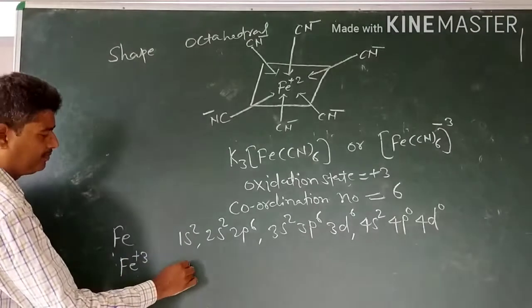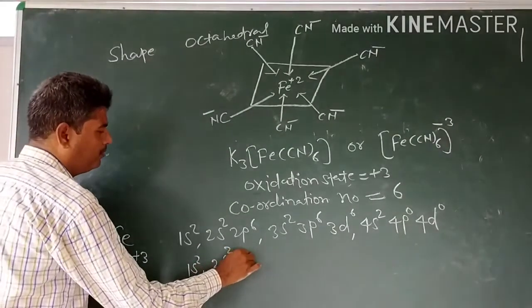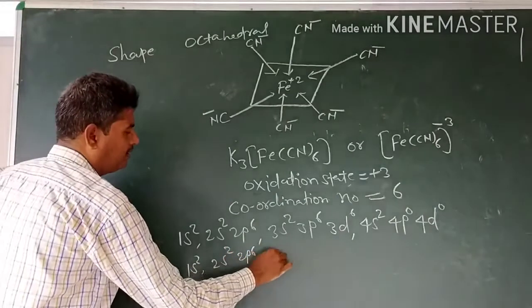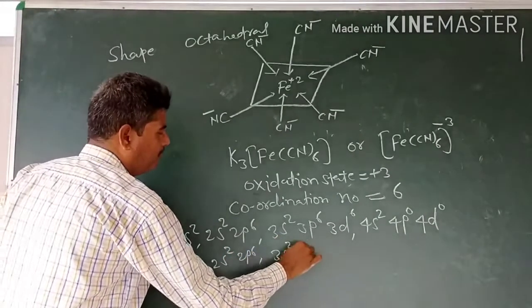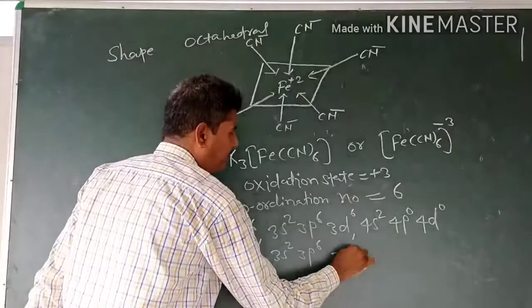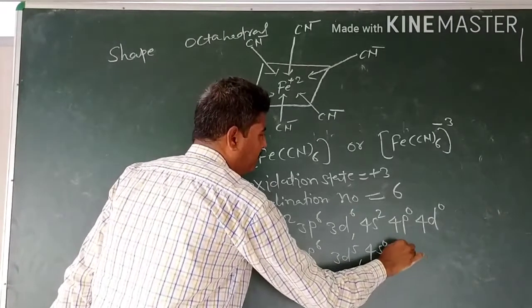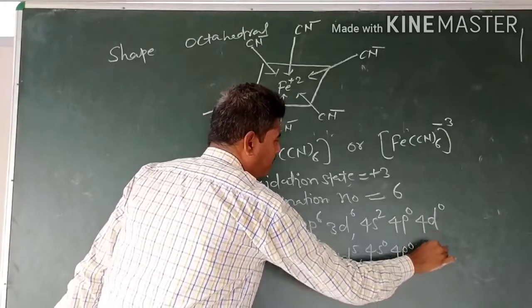Fe+3: 1s2, 2s2, 2p6, 3s2, 3p6, 3d5, 4s0, 4p0, 4d0.